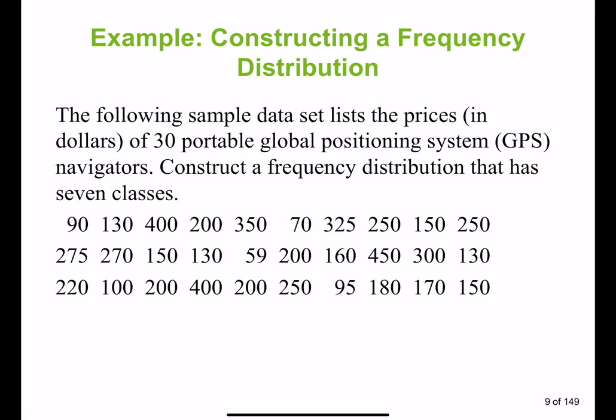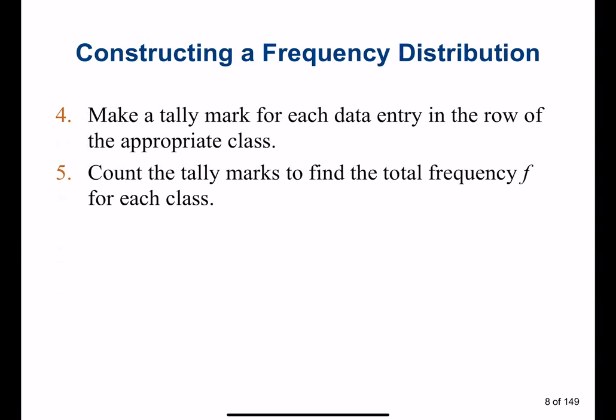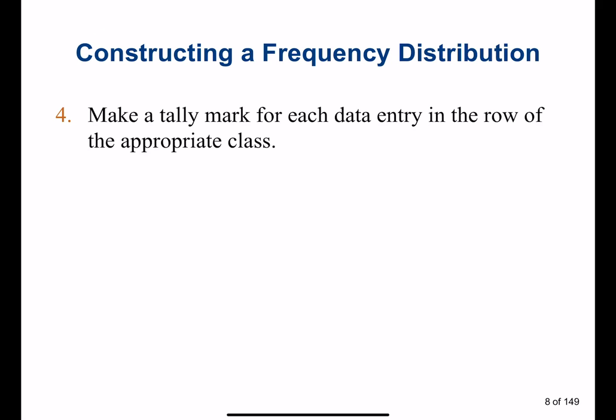We need to construct a frequency distribution with the purpose of doing analysis: how is the business doing, when do we need to reorder, based on what to reorder, how many to reorder, and which ones to order at all and which not. So here is our database. We have $90 worth of GPS, 130, 400, and so on. In total 30, so 3 lines and 10 on each line.